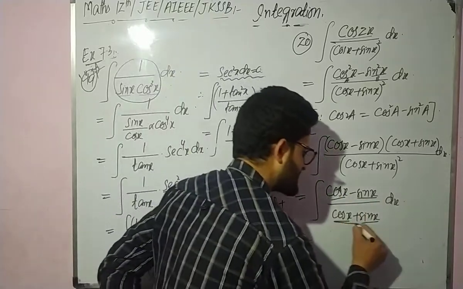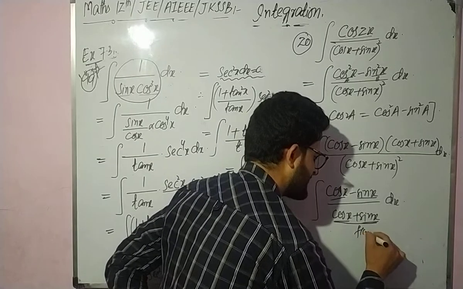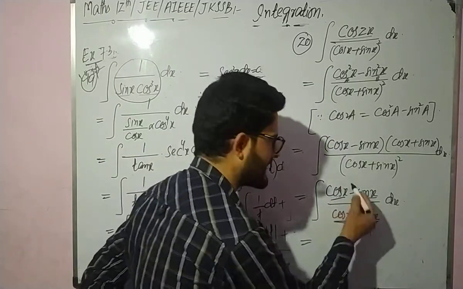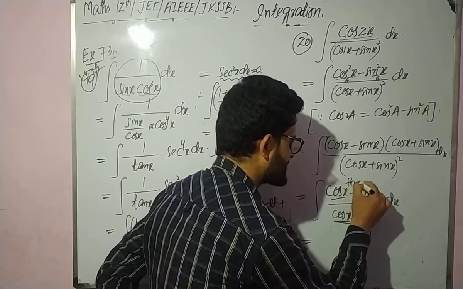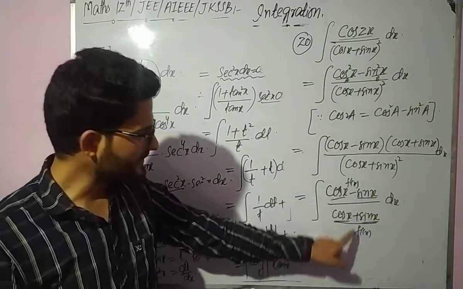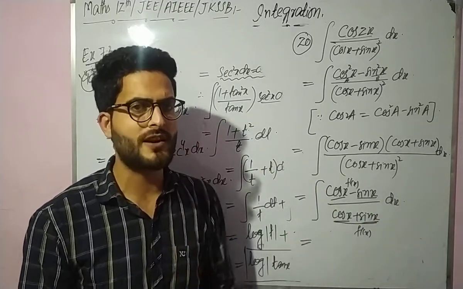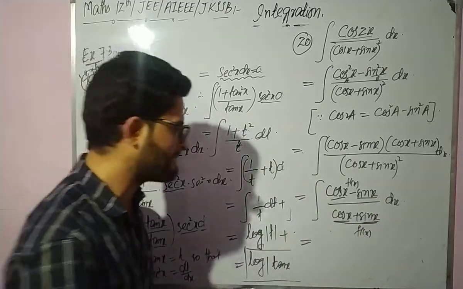So if we treat cos x plus sin x as f of x, the derivative of cos x is minus sin x, the derivative of sin x is cos x, so this becomes f dash of x. Means f dash of x divided by f of x dx, a standard result, and its value is directly equal to log of mod of f of x plus c.